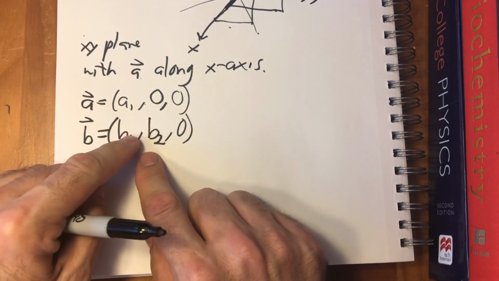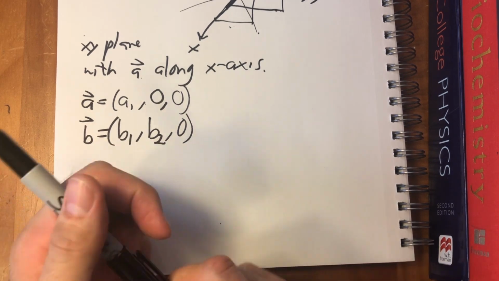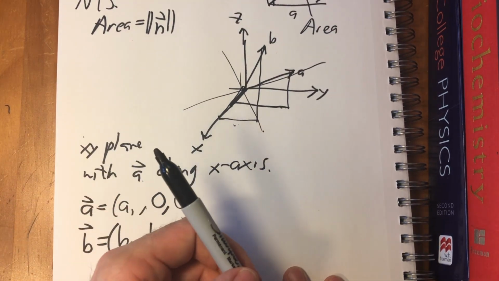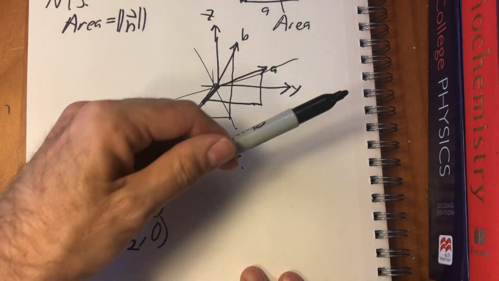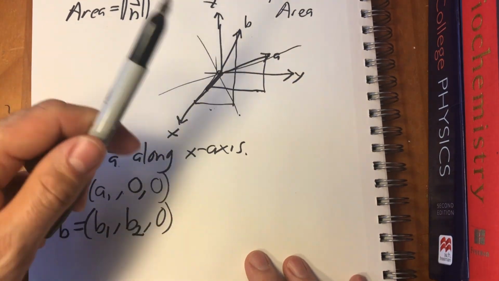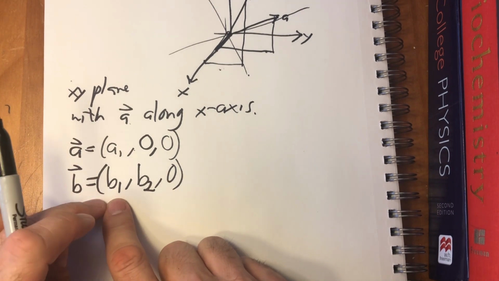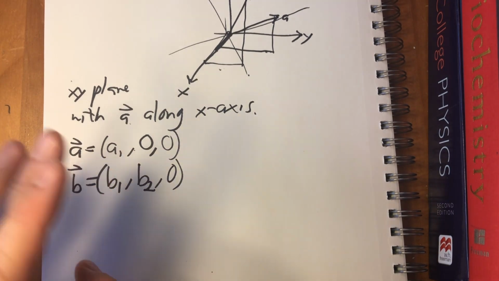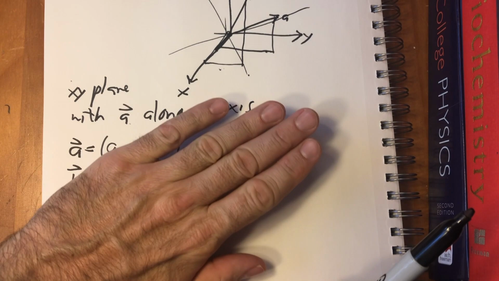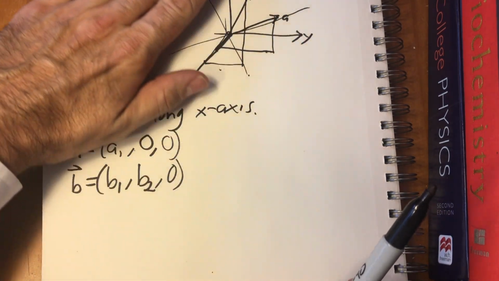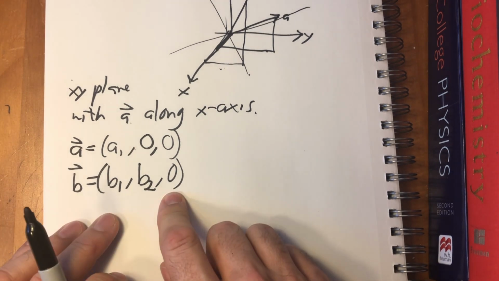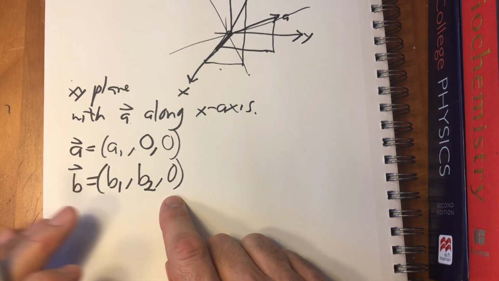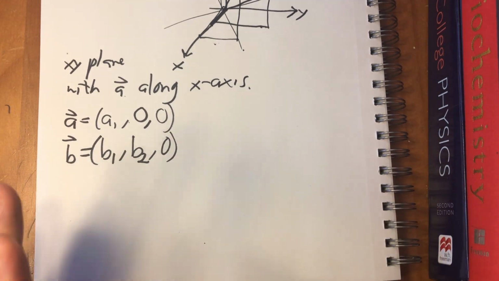It can't just be 0, B2, because that would imply that it's parallel to the y-axis, but it's not necessarily. It could be anywhere between the x-axis and the y-axis. So it's going to have an x component and a y component, but still we made the xy plane so it's the same plane that those two lie on, so there's still 0 for the z component.